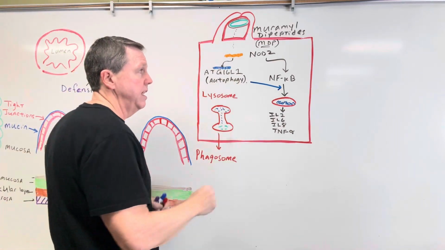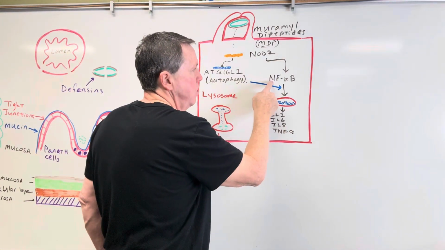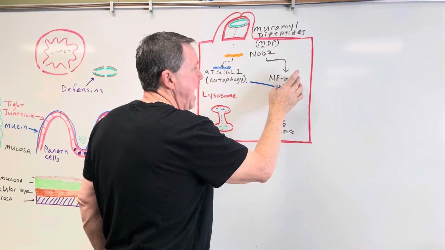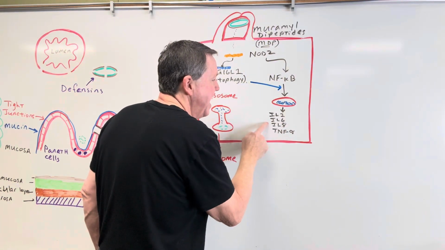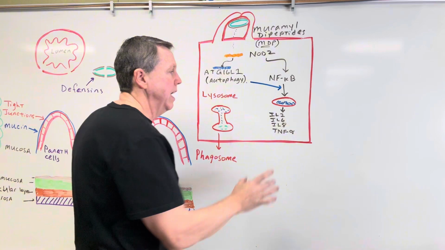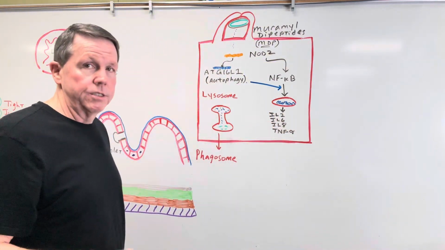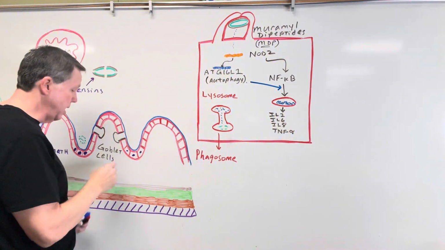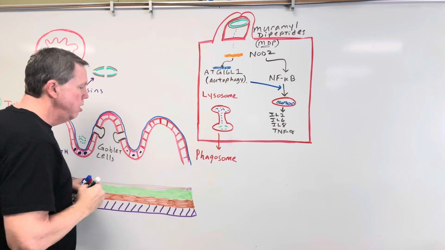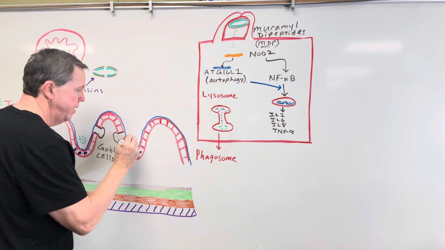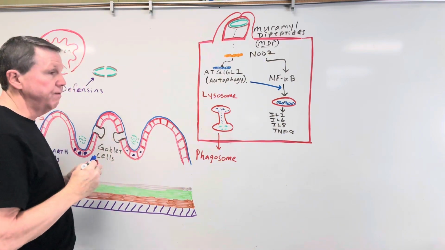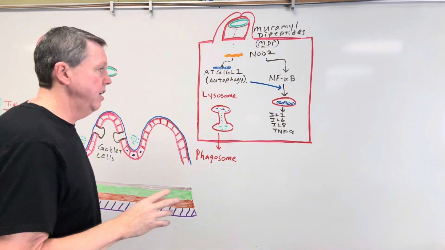When that occurs now, we're not gonna get this nuclear factor kappa B activated, which means we're not gonna get any of these, right? So now I'm not gonna get my immune response. What that means now is I am gonna start to get microbes building up in this area. Okay, so that's the first thing that's gonna happen in the NOD2.